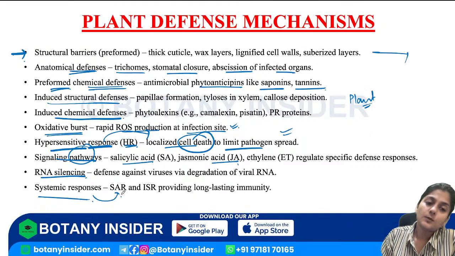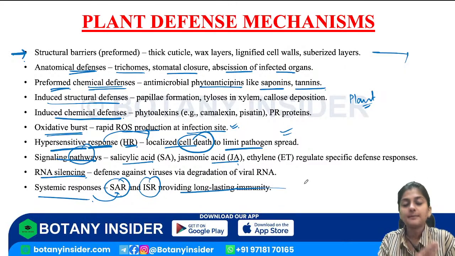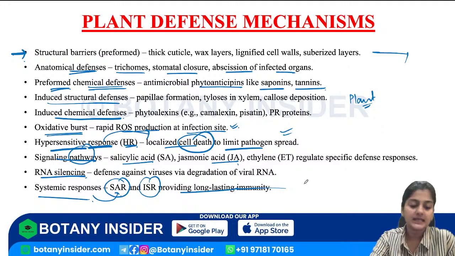Then systemic response, so SAR and ISR provide long lasting immunity. Systemic acquired resistance, SAR, right?